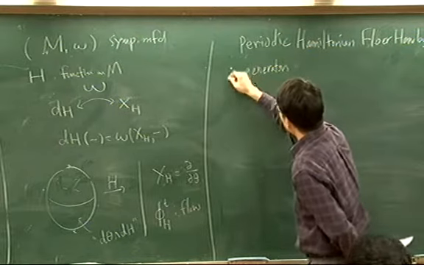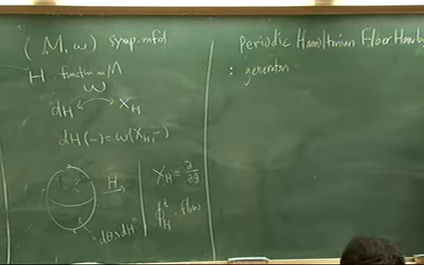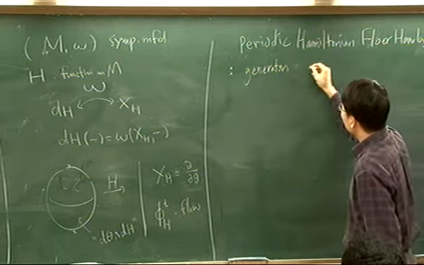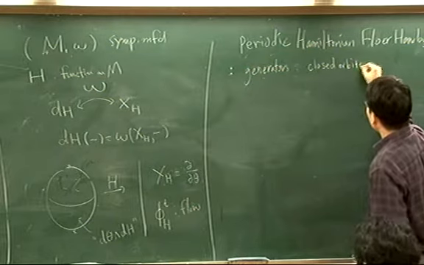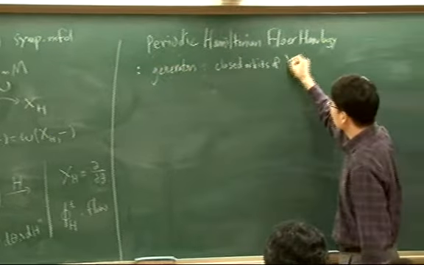So the chain complex for this homology theory, the generators are given by closed orbits of X_h.